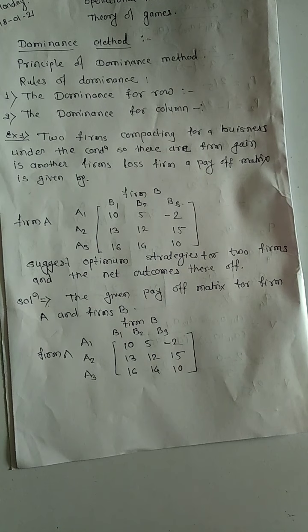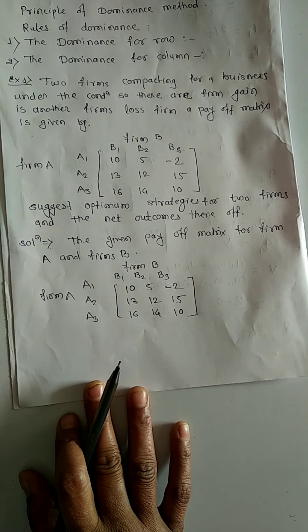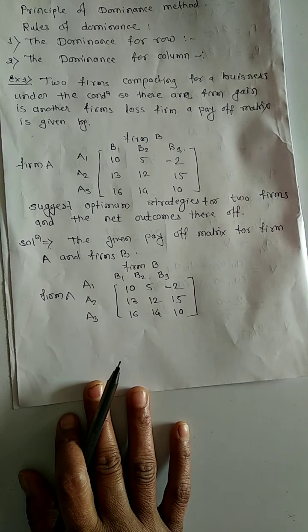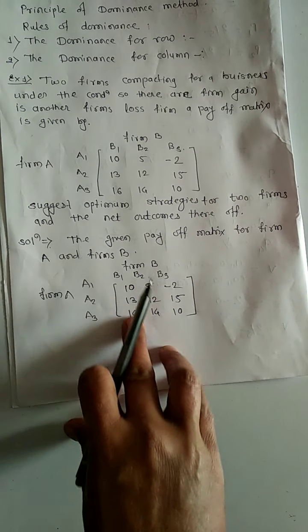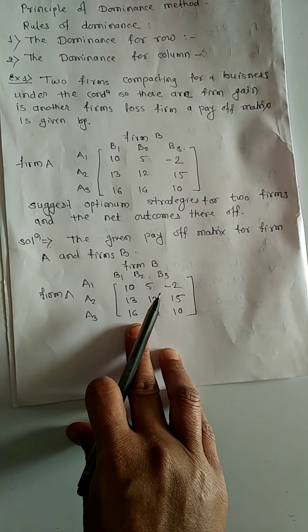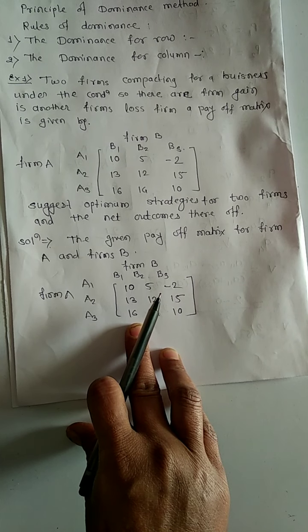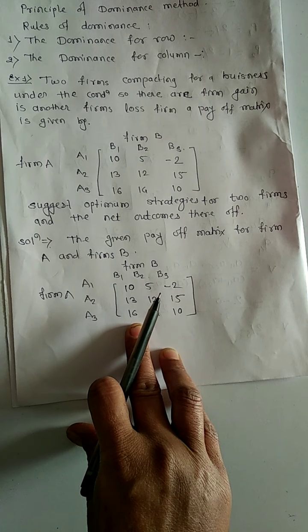We see in the matrix clearly that the first column dominates the second column, because the first column elements are 10, 13 and 16, which are greater than the elements of the second column, and we know the dominance rule for columns.